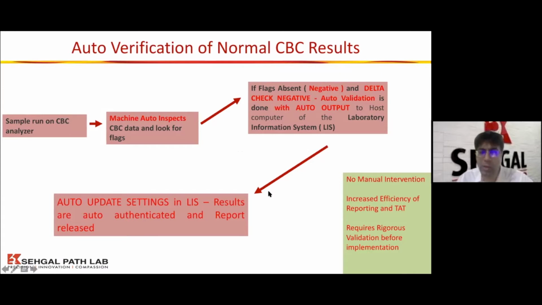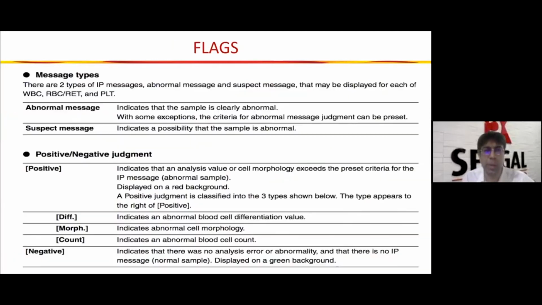Now, in this auto output system, the results are then put into the LIS, and there is a system called auto validation in your LIS also. So we will not be discussing auto validation and auto verification in this talk, which is beyond the scope. However, I suppose there are a couple of other talks which will be focusing on this topic.